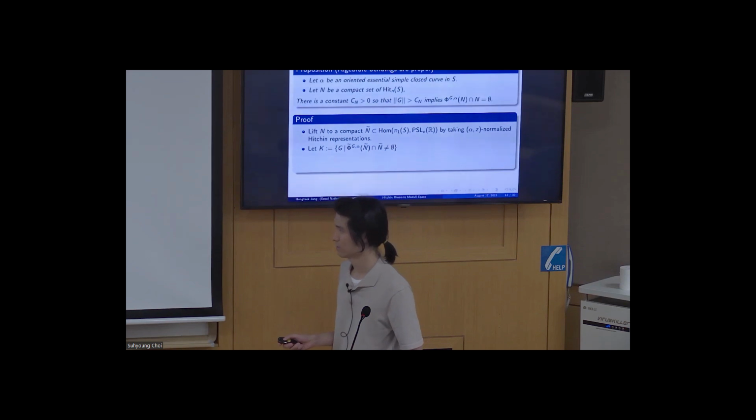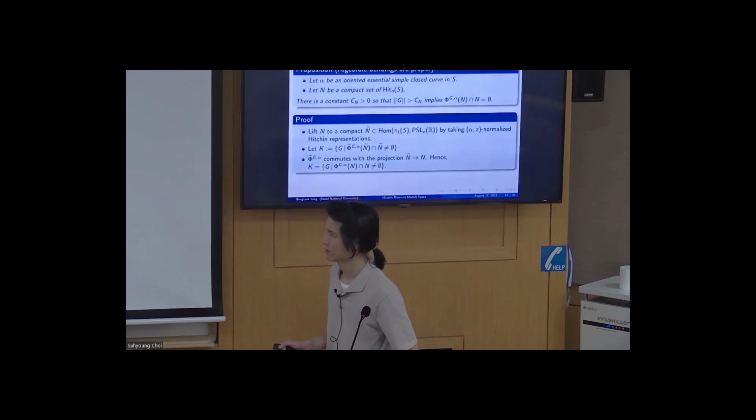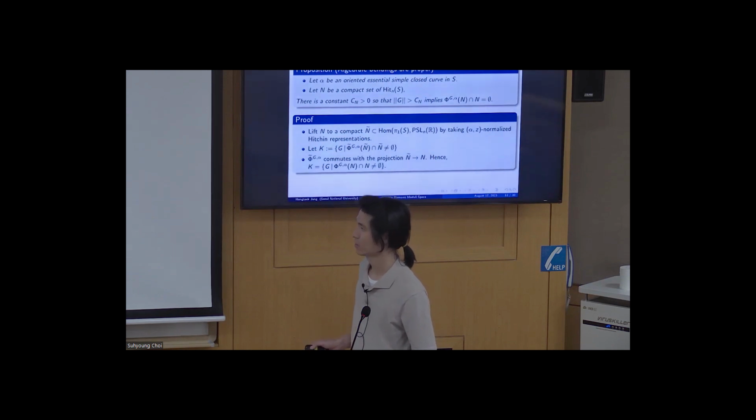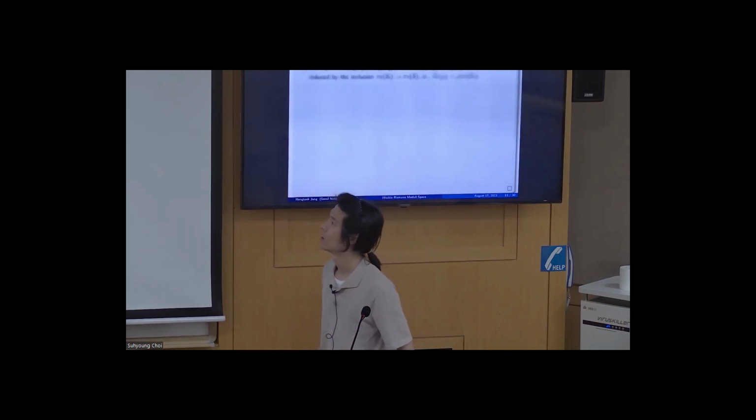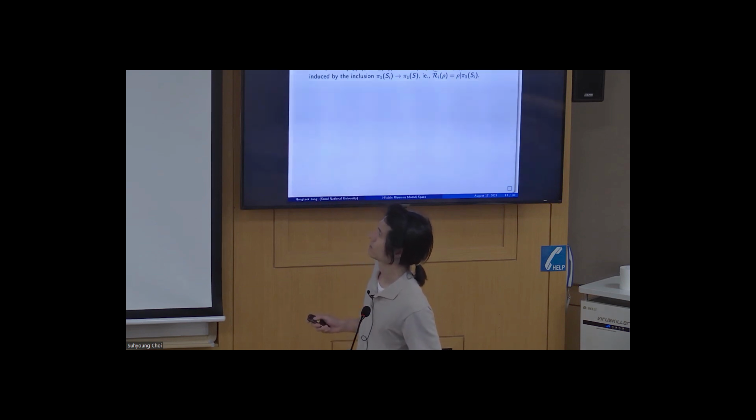And let's define the set K to be the set of all traceless diagonal matrices where this intersection is non-empty. And because this alpha twiddle commutes with the projection, this K is actually equal to the set of all diagonal matrices where this intersection is not empty. So we actually need to show that this K is compact. So let me consider the following restriction map that comes from the inclusion.